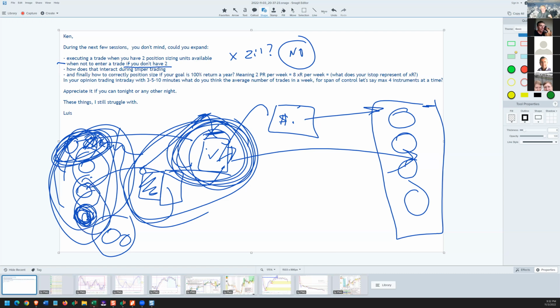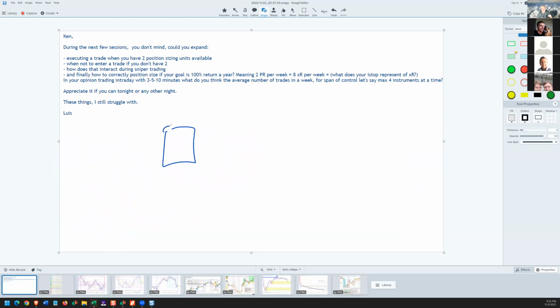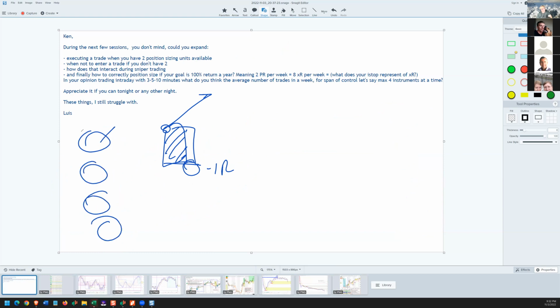What if I had enough losses that, I put this trade on with a standard risk and this thing failed and I lose a full -1R? Well, what that means is I only got 3 units of risk left for the day. And then those 3 got to work hard.